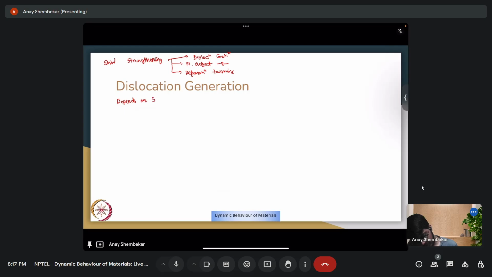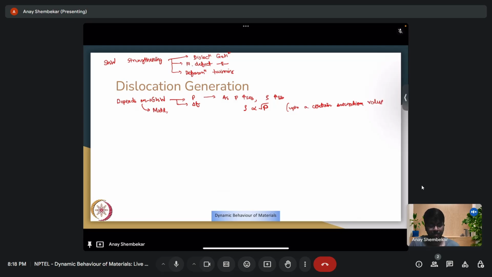depends on both shock wave and the material. Specifically for shock wave, it depends on pressure and pulse duration. As pressure increases, dislocation density increases. Specifically, dislocation density is proportional to the square root of the shock wave pressure, and this is up to a certain saturation value, after which shock wave induced heating will start to dominate.